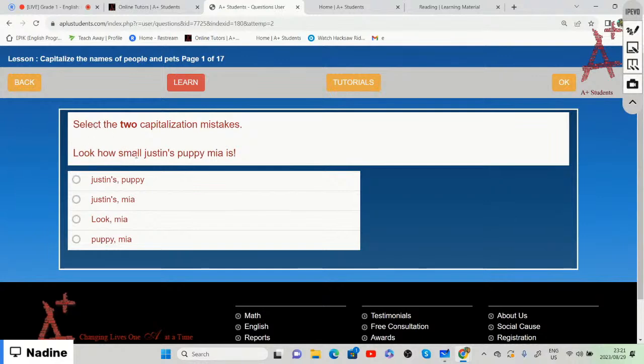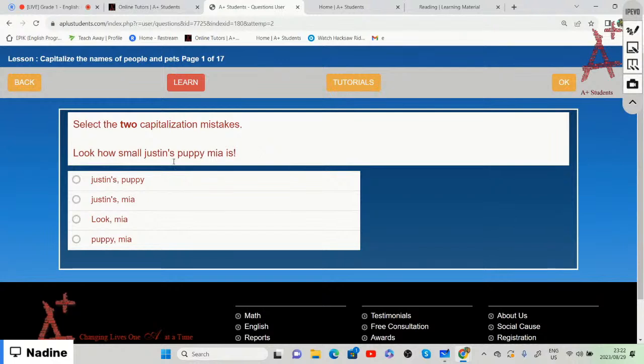Look how small Justin's puppy Mia is. So we need to identify and select two capitalization mistakes within the sentence. Look how small Justin's puppy Mia is.